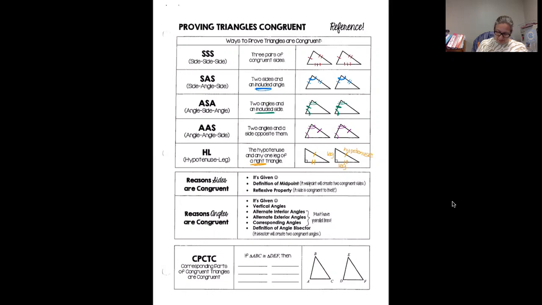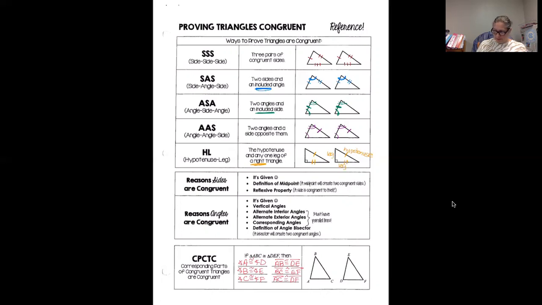So if triangle ABC is congruent to triangle DEF, then angle A is congruent to angle D, angle B is congruent to angle E, angle C is congruent to angle F, side AB is congruent to side DE, side BC is congruent to side EF, and side AC is congruent to side DF.